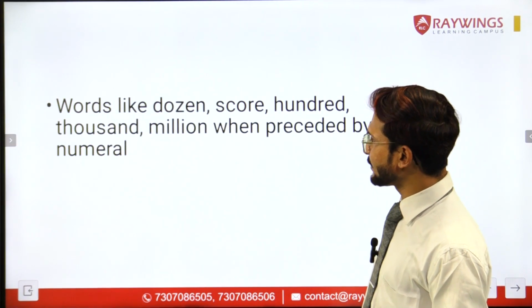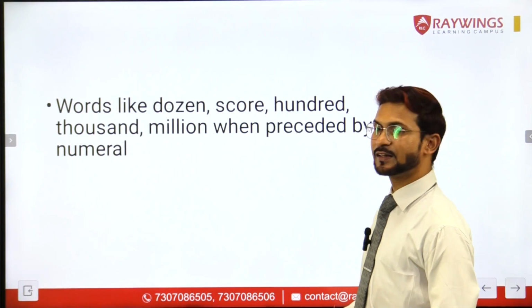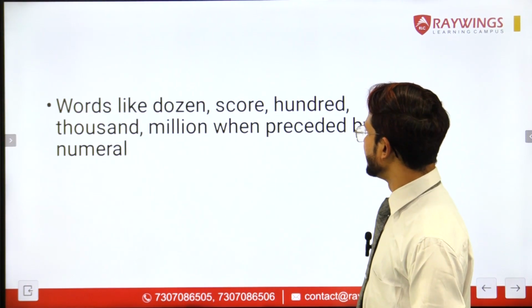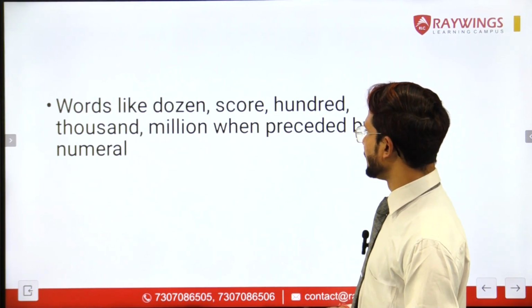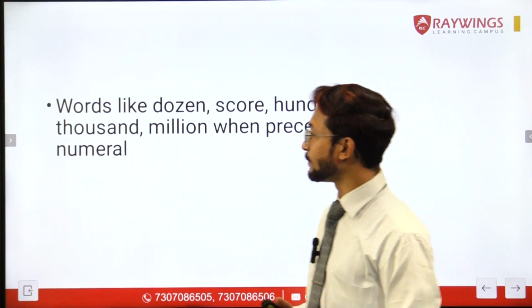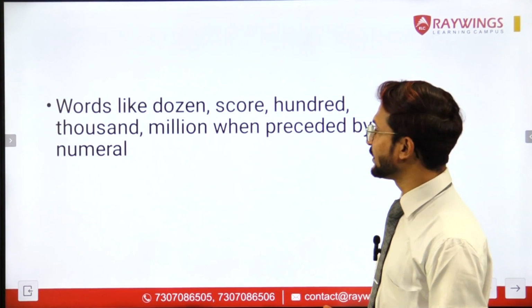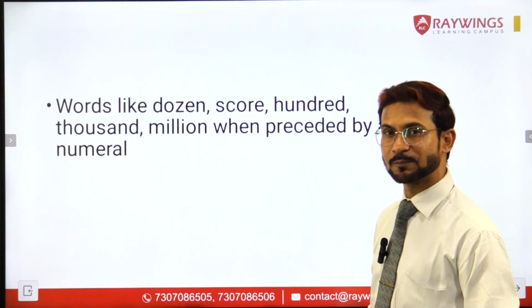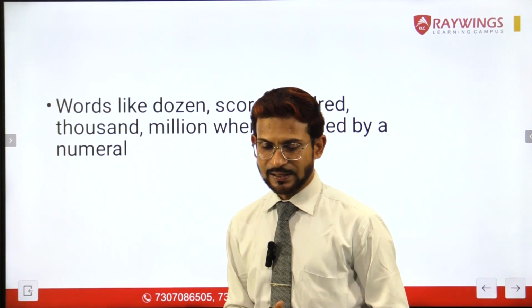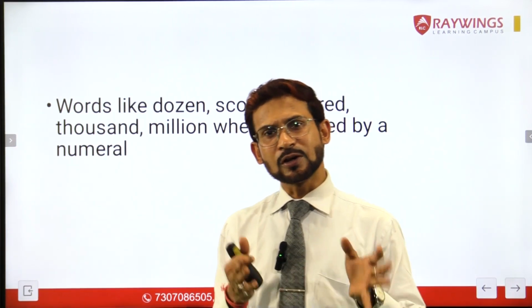Moving to the next category of nouns, it says words like dozen, score, hundred, thousand, million. When these nouns are preceded by a number, that is a numeral, then they are always used in the singular form. They are never used in the plural form. If we say 1 dozen or 2 dozen, it is always dozen.